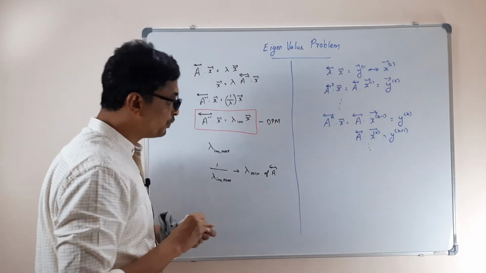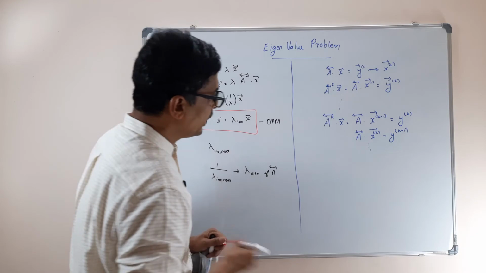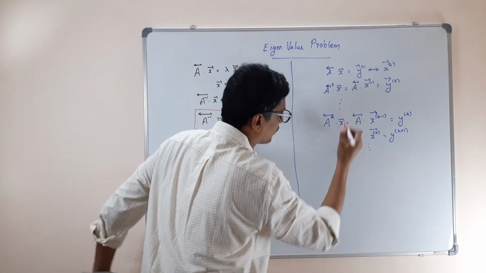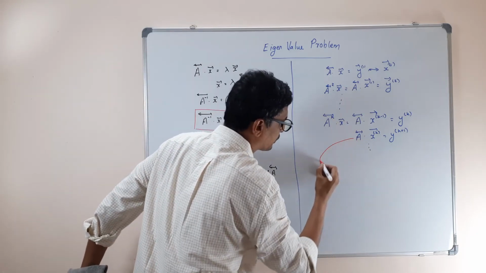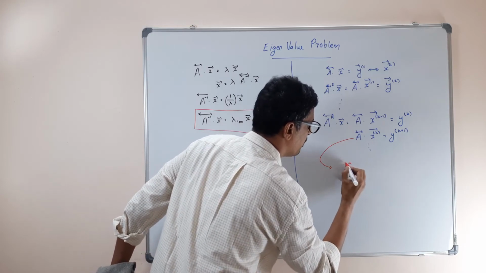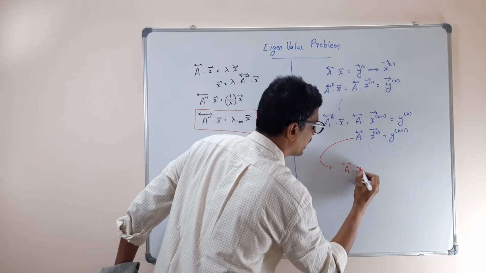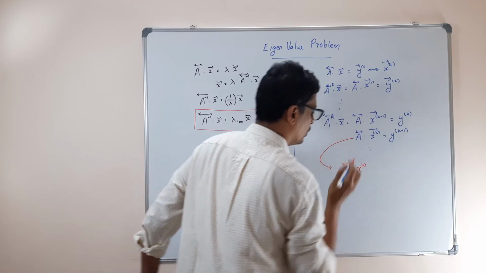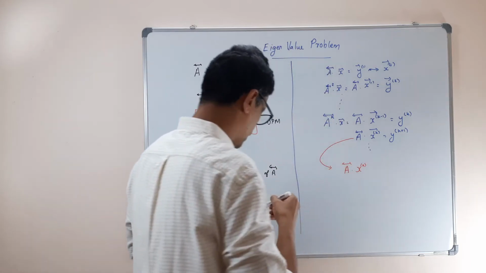So now let me take out any one of the equations, this equation for example. What we have is the A matrix multiplied by xk. Oh, sorry, this is the inverse we are doing.